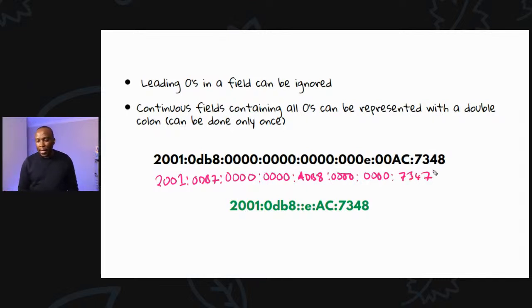Earlier on, we said that these zeros we could cancel out and represent with a double colon, and this statement is saying that this can only be done once.